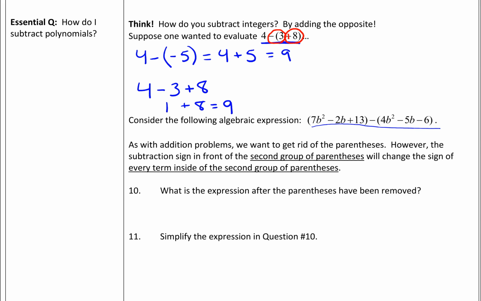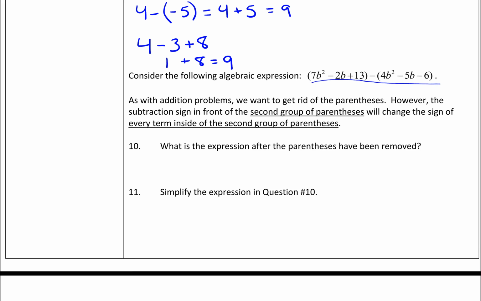However, the subtraction sign in front of the second group of parentheses will change the sign of every term inside the second group of parentheses. So what is this expression after the parentheses have been removed? Okay, so we'll write the first one. The first one doesn't really change. 7b squared minus 2b plus 13.